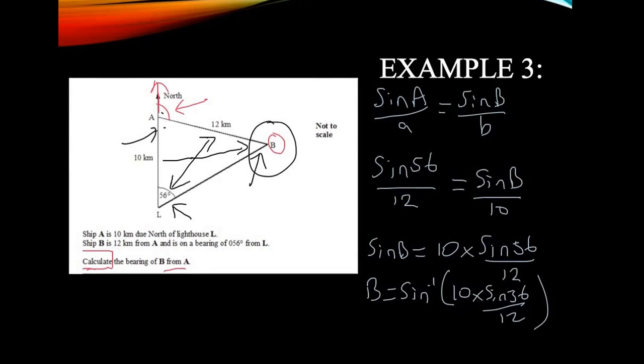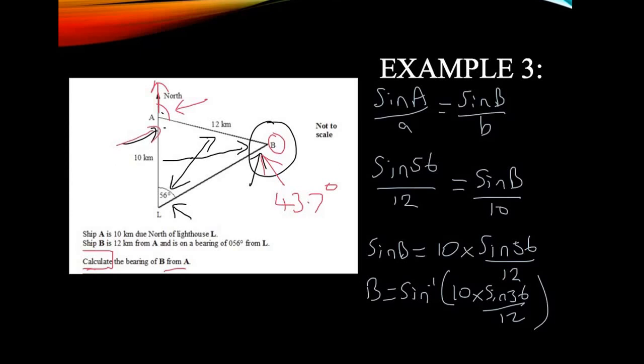So the angle B that we were working out up here is 43.7 degrees. Okay, I can now use my angle facts to show that 180, so I'm going to do 180 minus 56 minus 43.7. That's going to tell me what the angle is up here.